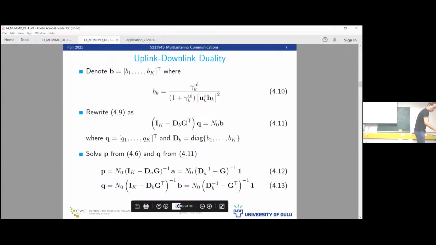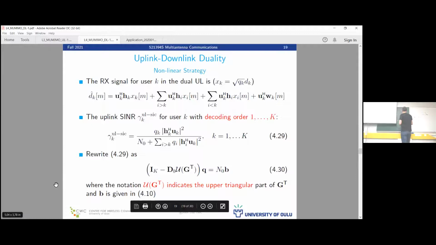Now, the SINR terms are missing some terms.